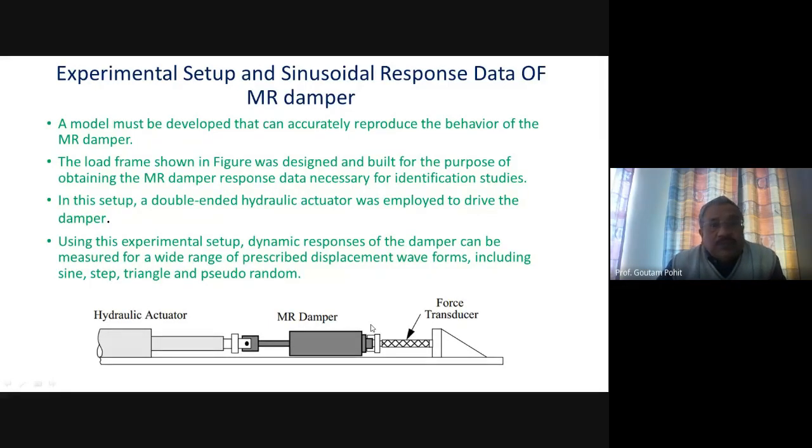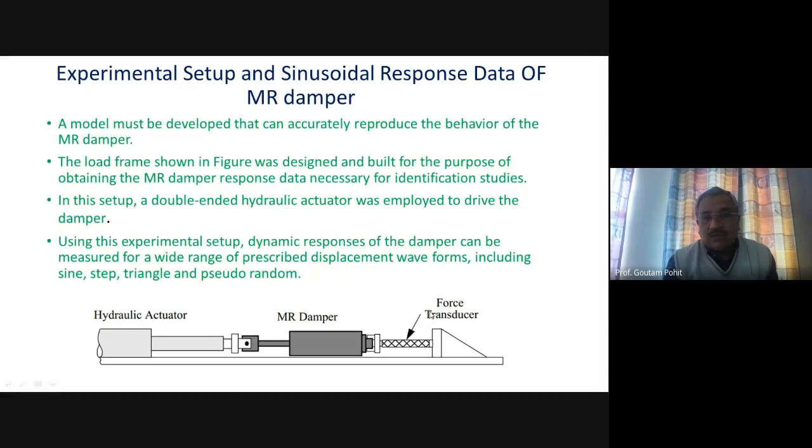The load frame shown in the figure was designed and built for the purpose of obtaining the MR damper response data necessary for identification studies. In this setup, a double-ended hydraulic actuator was employed to drive the damper.